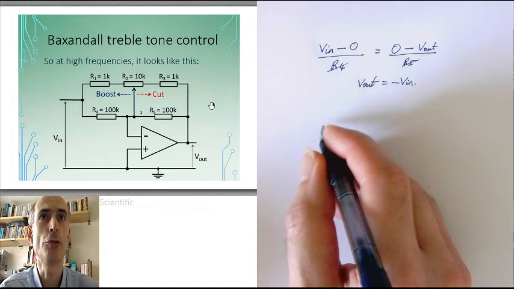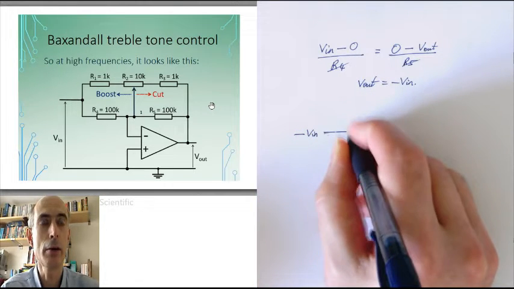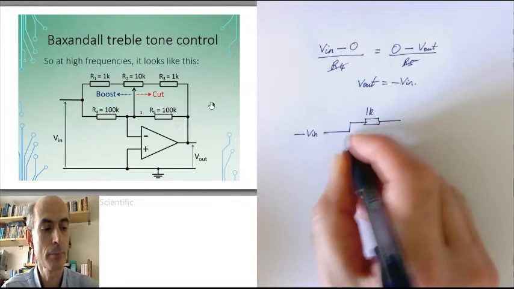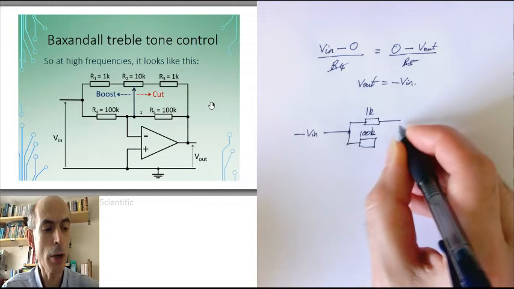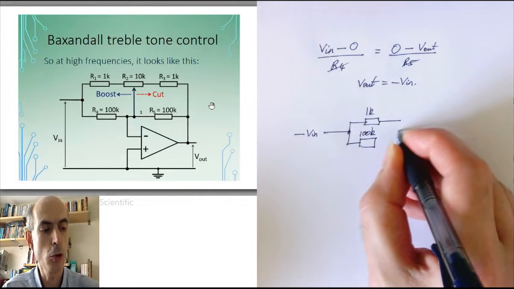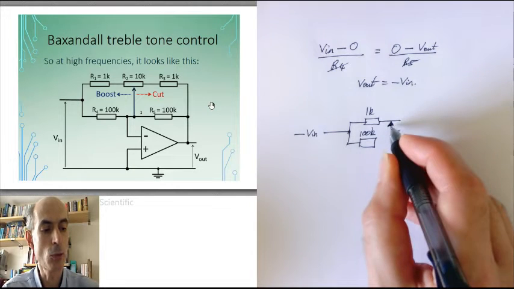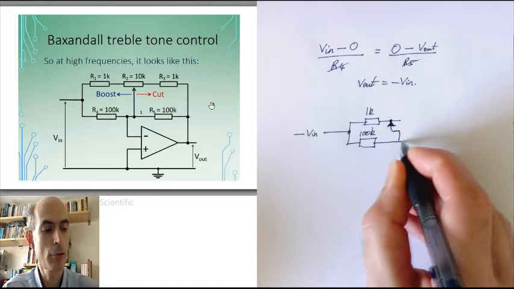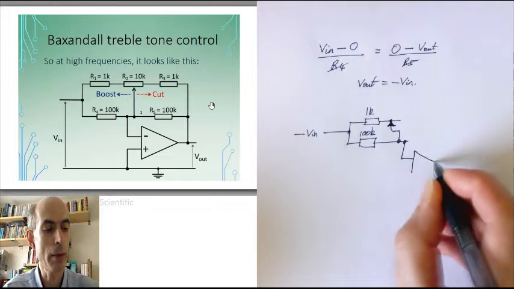Now, at full boost, that would mean that I would have Vin coming in here, through a 1k resistor here, a 100k resistor there. The wiper of the potentiometer would be all the way to this side of the potentiometer, so it would be taking out the voltage at this point here and forcing that into the inverting input of the op-amp.